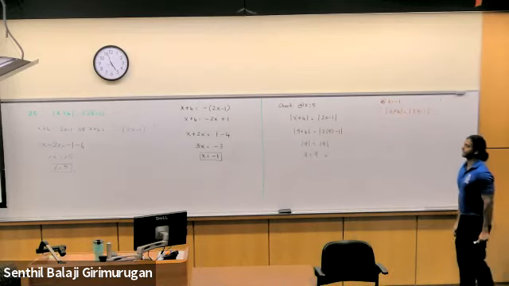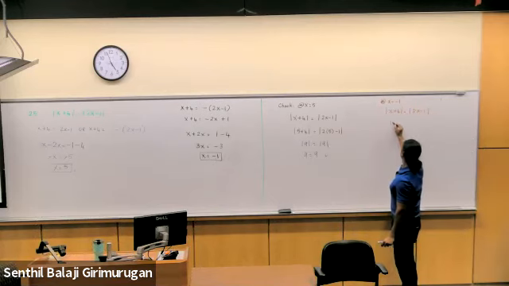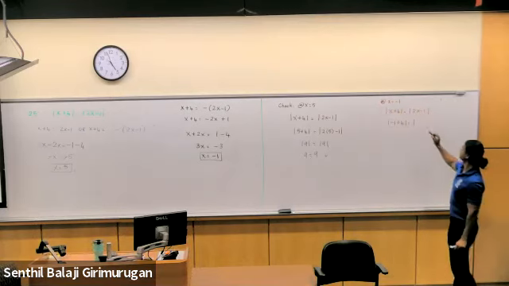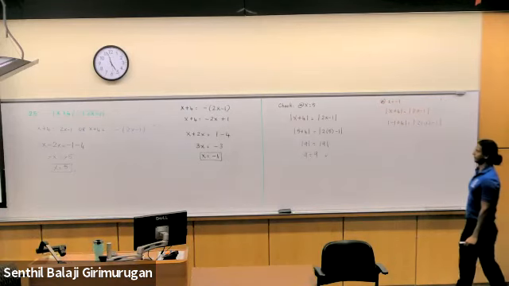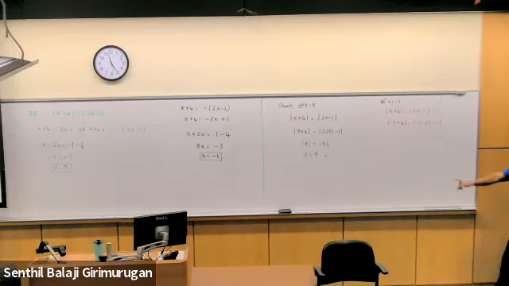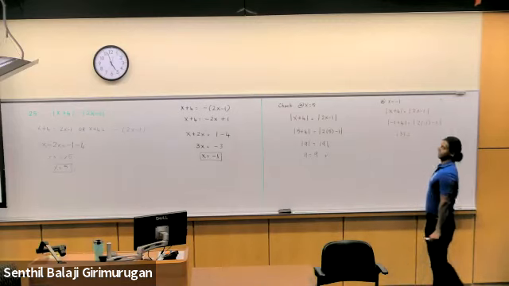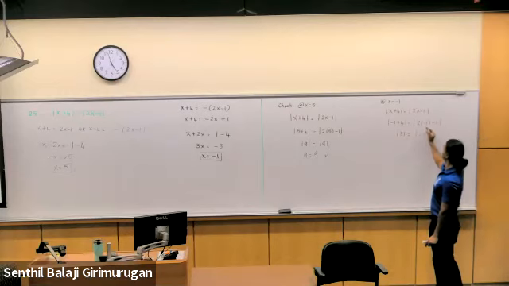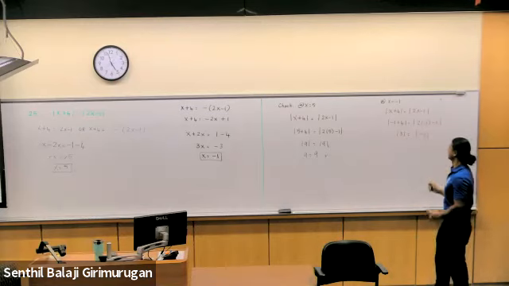We are going to plug in -1 for x. -1 plus 4 is +3. 2 times -1 is -2. -2, -1 is -3.